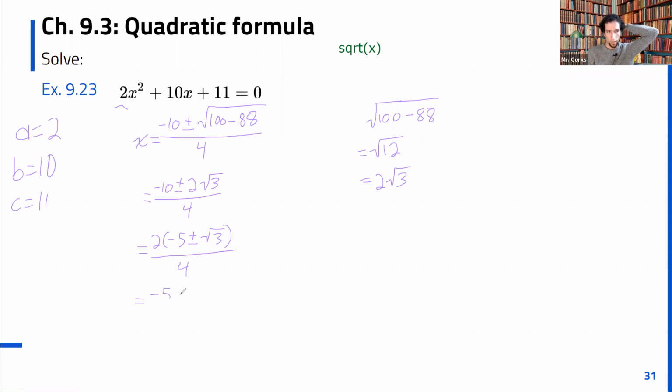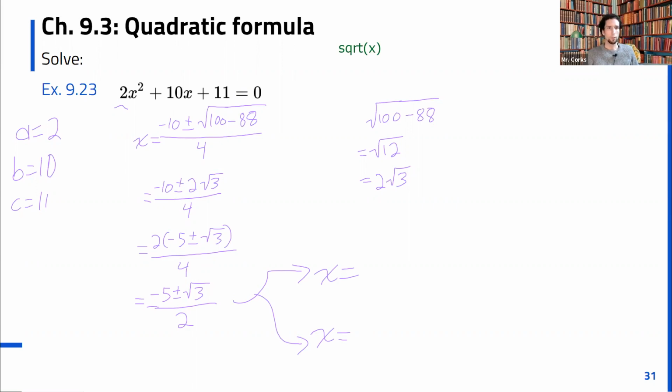So -5 plus minus root 3 over 2. The two versions, the plus and the minus, I will skip writing out here. x equals something, or x equals the other something. Okay, so that's the formula.